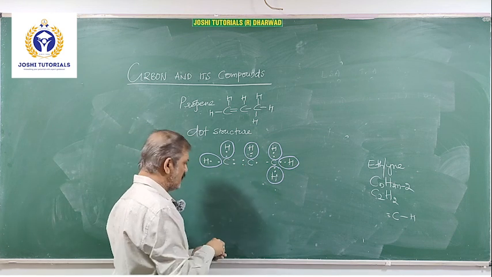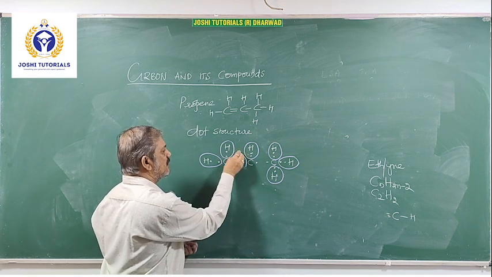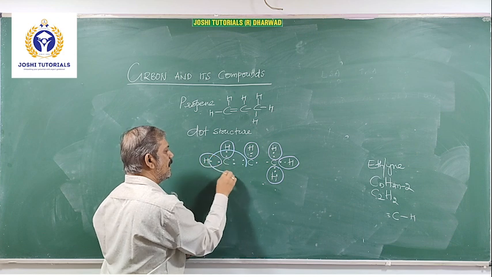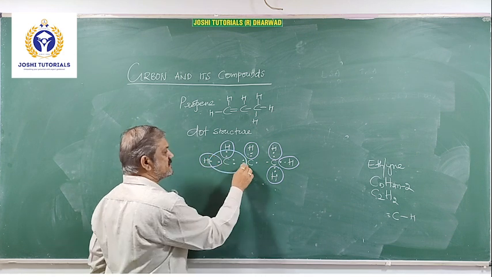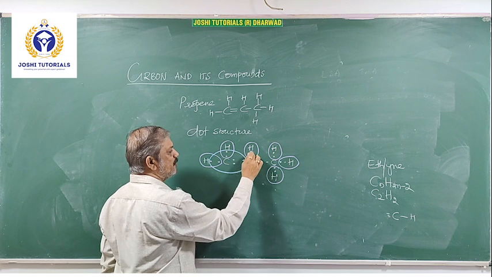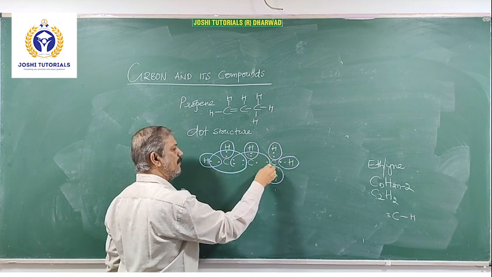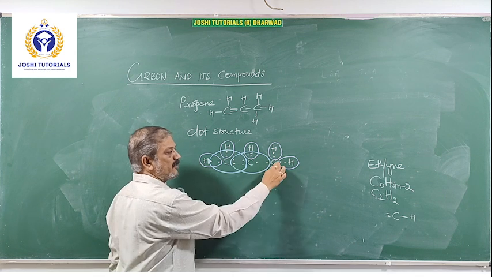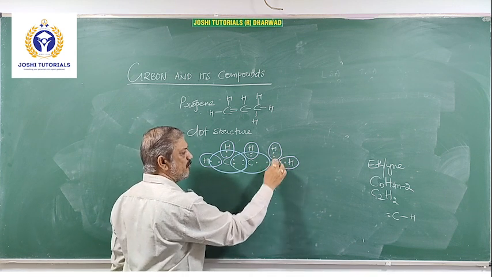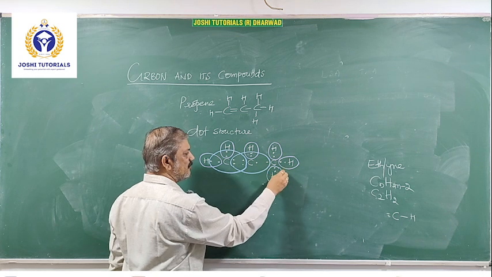So round off for carbon. Watch. For this carbon, 1, 2, 3, 4, 5, 6, 7, 8. Round off. For this carbon, 1, 2, 3, 4, 5, 6, 7, 8. Round off.